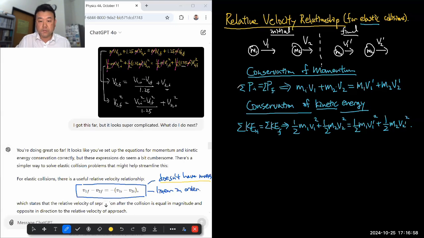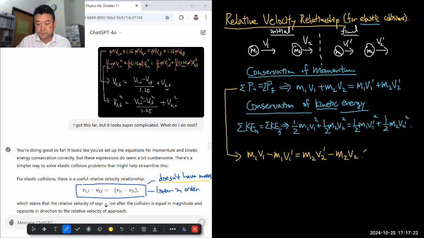Let me do that for momentum. Then I get m1 v1, minus m1 v1 prime, and I'm moving over m2 v2 to the right-hand side to get m2 v2 prime minus m2 v2.